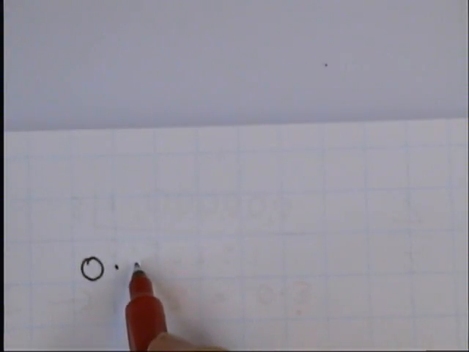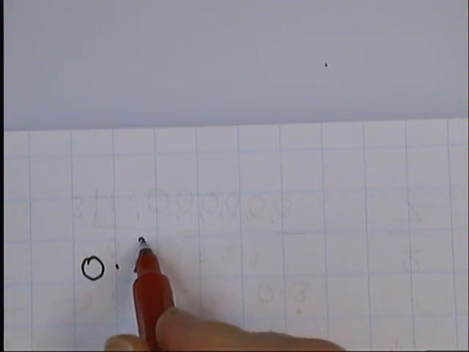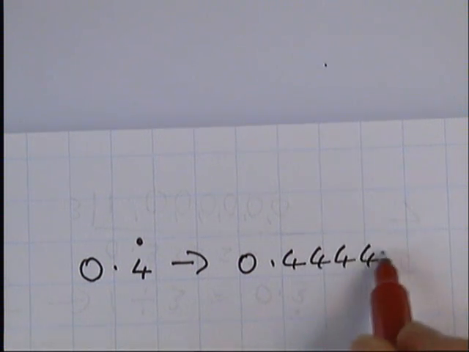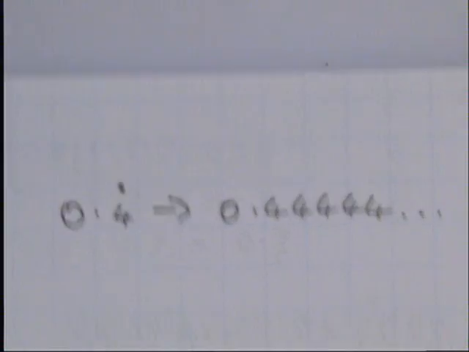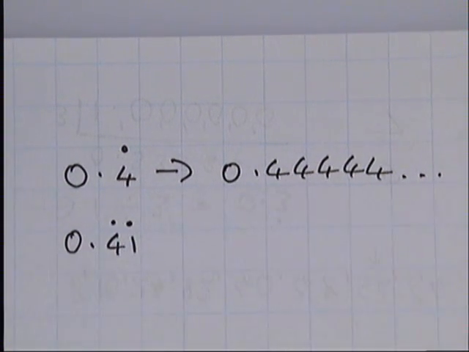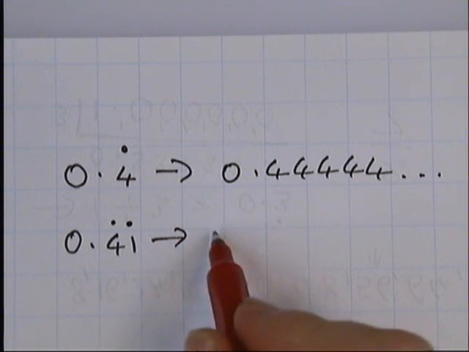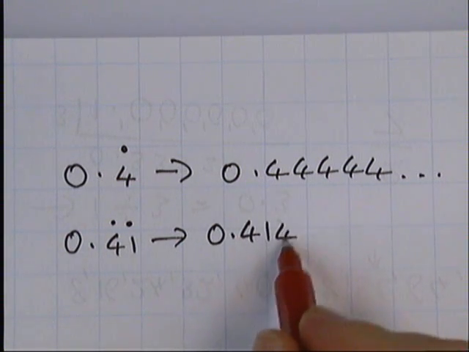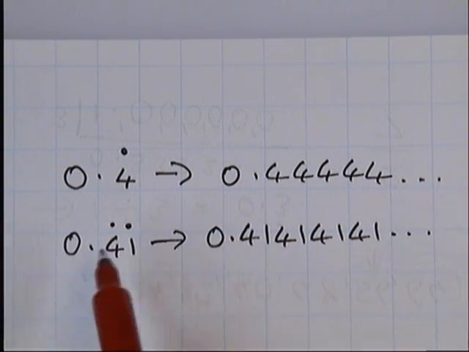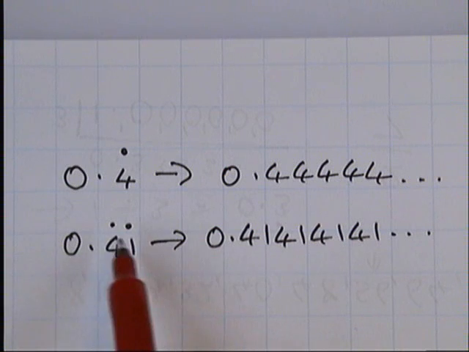Just before we finish this video, let's have a look at recurring decimals and think about how the recurring dot works. If I had 0.4 recurring, that's the same as 0.4444 forever. If I had 0.41 recurring, with a dot above the 4 and above the 1, that's the same as 0.41414141 forever. Notice how it's the whole of the 4 and the 1 that repeats.